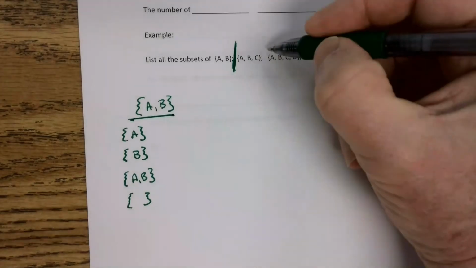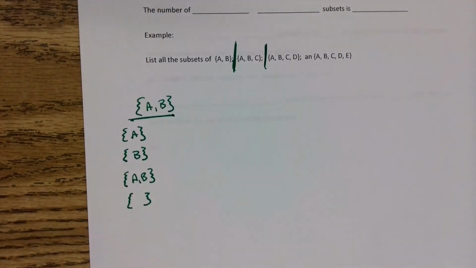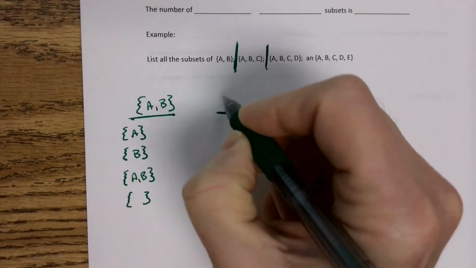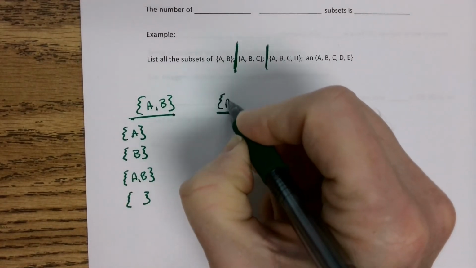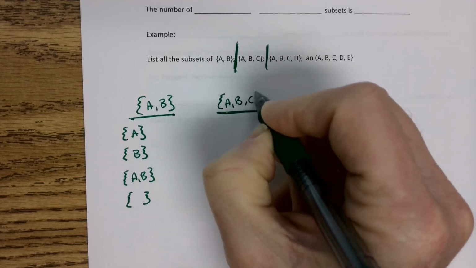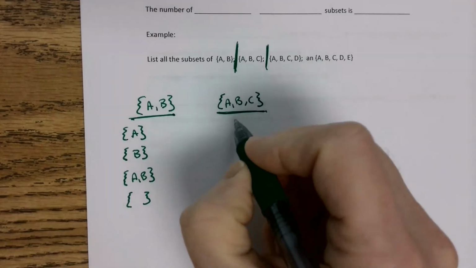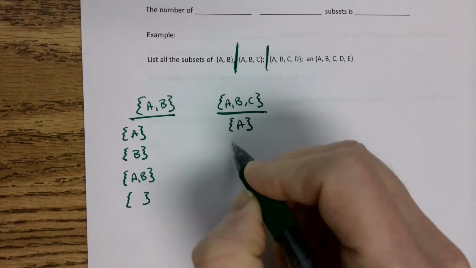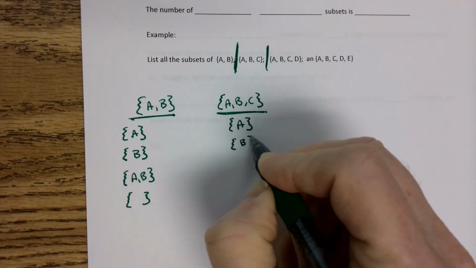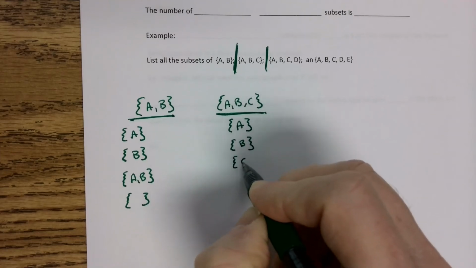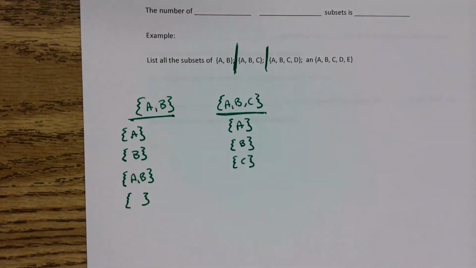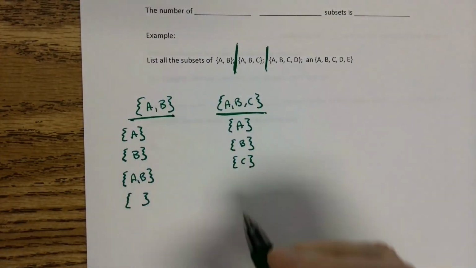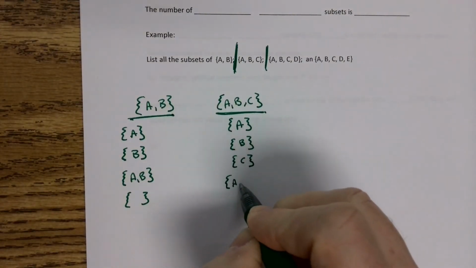Now, let's look at the set ABC. Okay, so let's write down its subsets. A, B, C, I got AB.